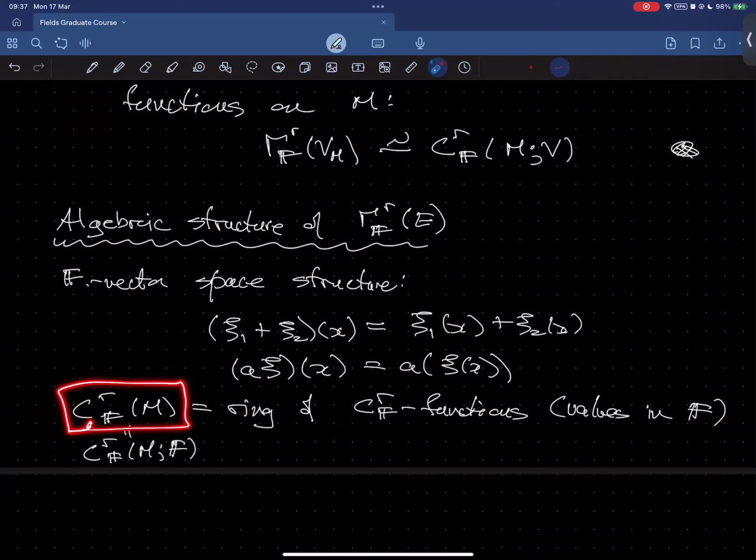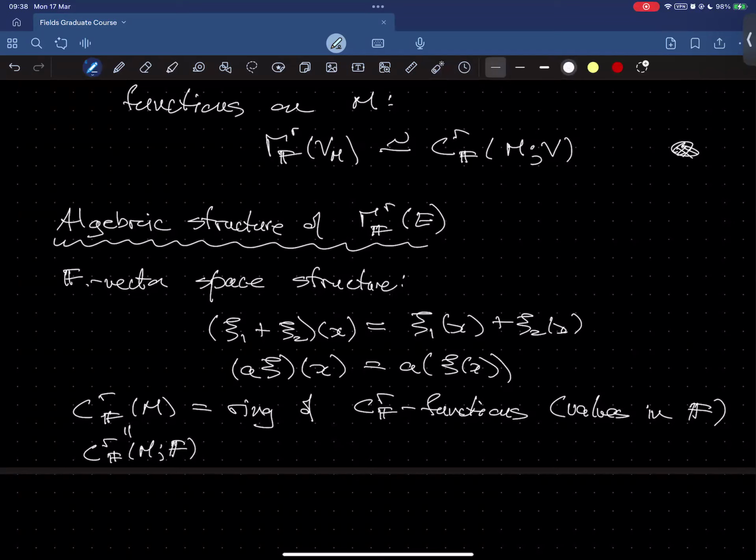So it's an F algebra. It has three structures. It has addition of functions, done the same as this. It has multiplication of functions by a scalar, rather like this. And then it also has multiplication. A product is defined between two elements f and g by doing the obvious thing: fg evaluated at x is the product of f of x and g of x. So pointwise operations.